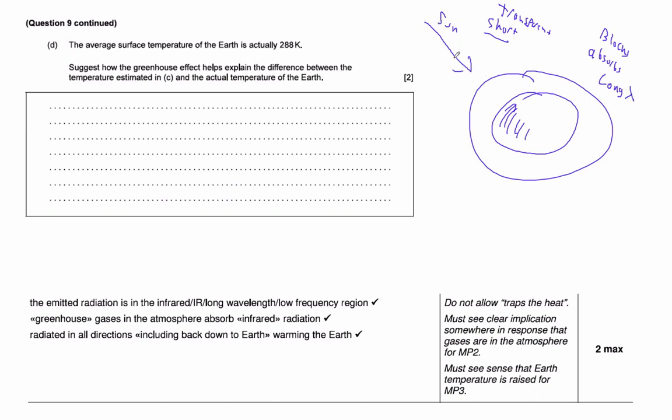The short wavelengths, on average 700 nanometers or so, can get through the atmosphere. It warms the Earth. The Earth is not nearly as warm as the sun. The sun is at 5,800 kelvins. The Earth is at 288 or something like that.